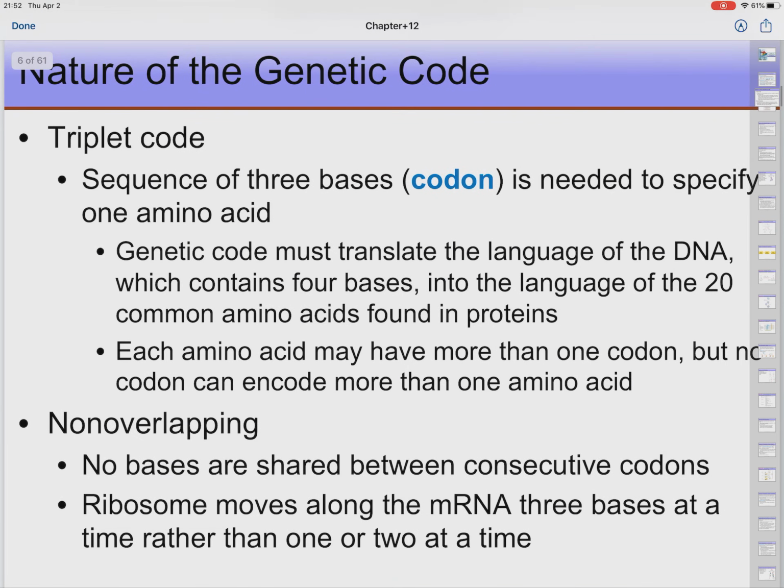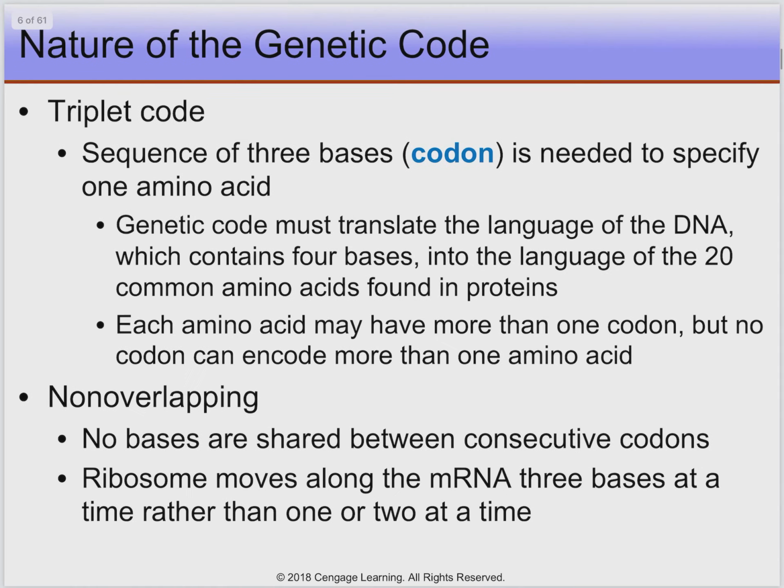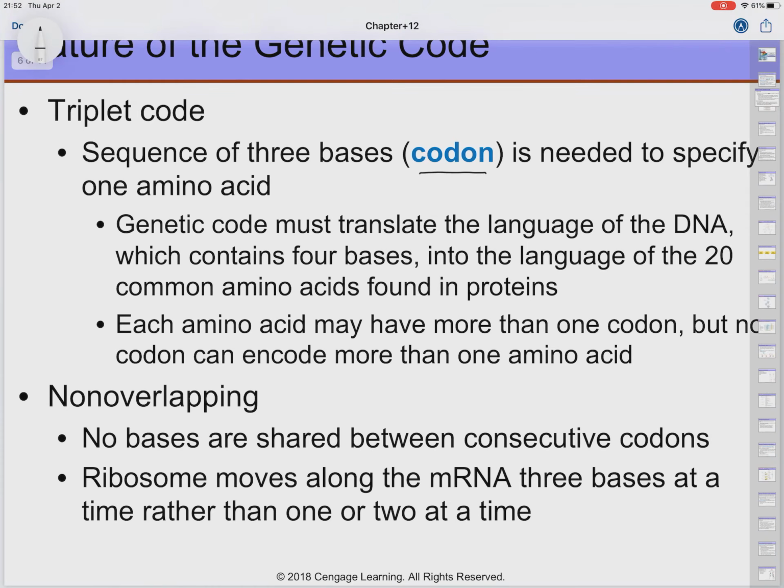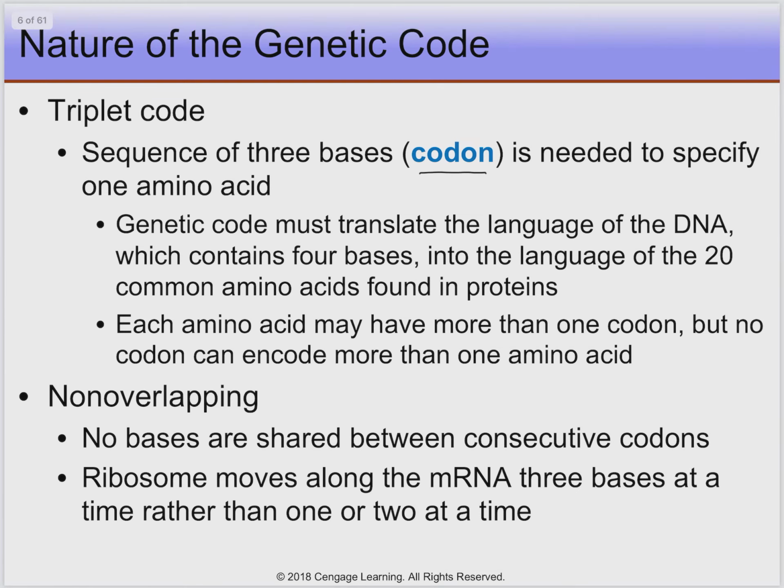So our genetic code is a triplet code, and we know this. We're going to go through some of the experiments on how we know this, but since we do know it, we can say that at this point. We have a triplet code, and every 3 bases is what we're going to call the codon, and codons specify specific amino acids. There are 20 amino acids that are commonly found in proteins. There are also amino acids that are not found in proteins, that are in our bodies, though.